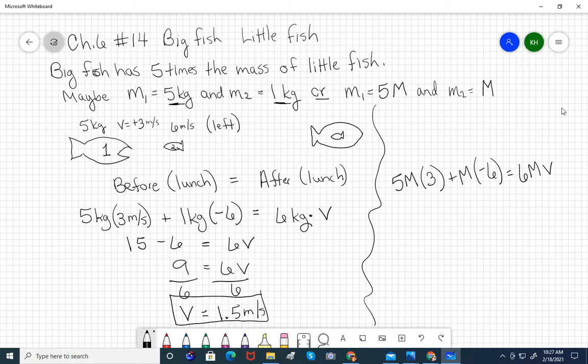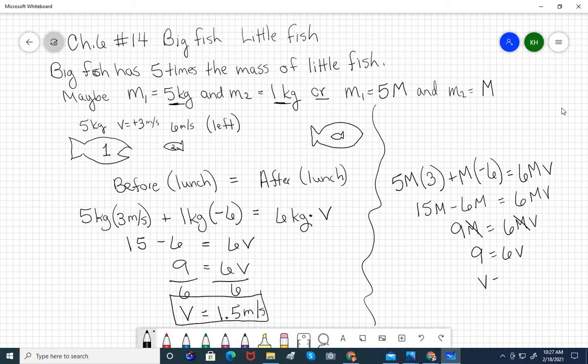Well, what you'll notice is if I work this, that's 15m minus 6m equals 6mv. 9m equals 6mv. I can cancel that m out. It doesn't make any difference. I still get that 9 is equal to 6v.